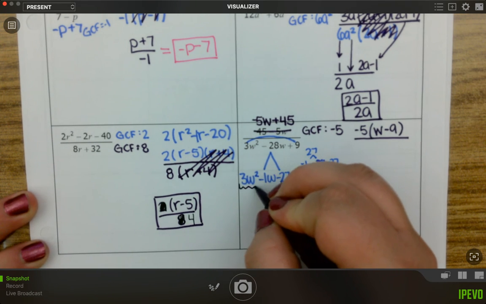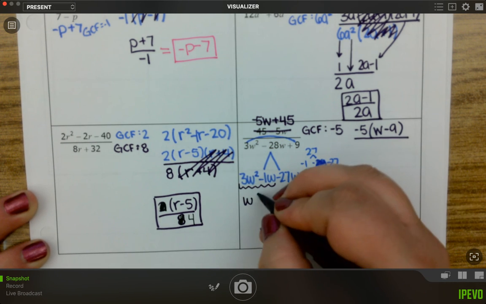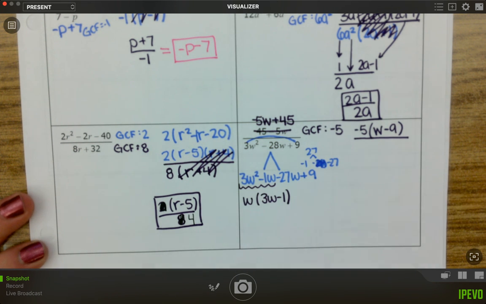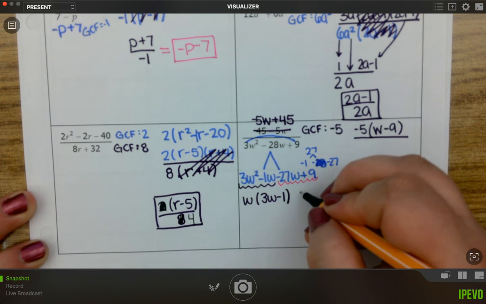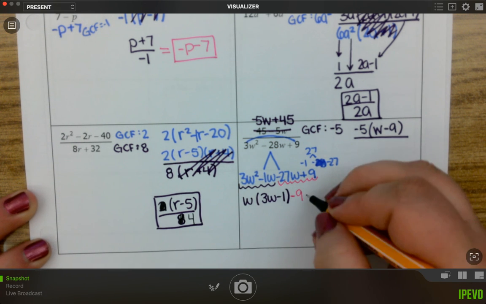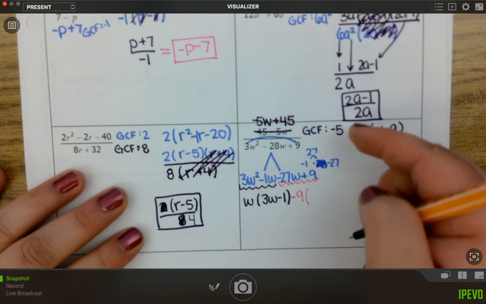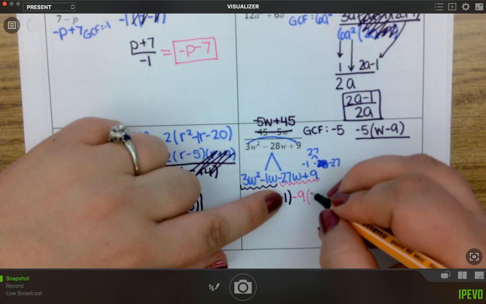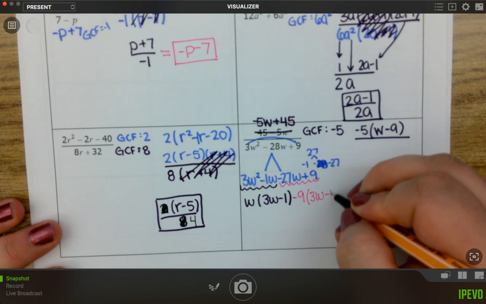And then you look at these two, and you say, hey, I have a GCF of w there. And that leaves me with 3w minus 1. And then I look over at the other side, and I say, what can I divide these two by? 9. And since this first one is negative, you want that to be negative 9. The same way I took out a negative up here. You don't want the variable to be negative to start with. Negative 27 divided by negative 9 is 3w. 9 divided by negative 9 is negative 1.